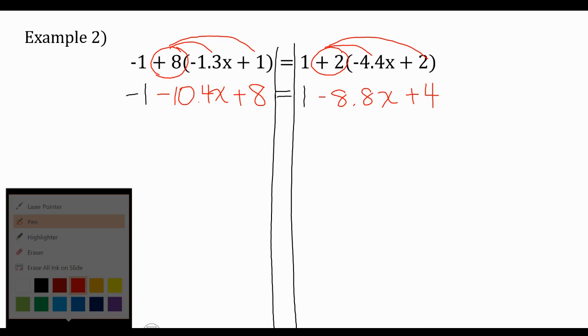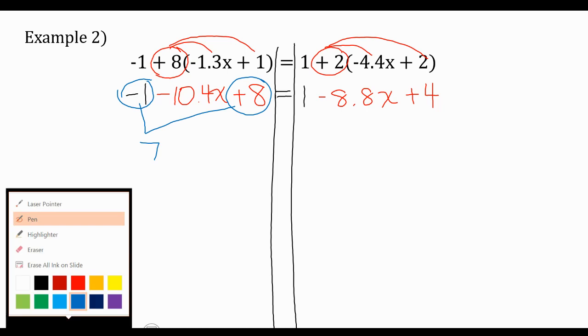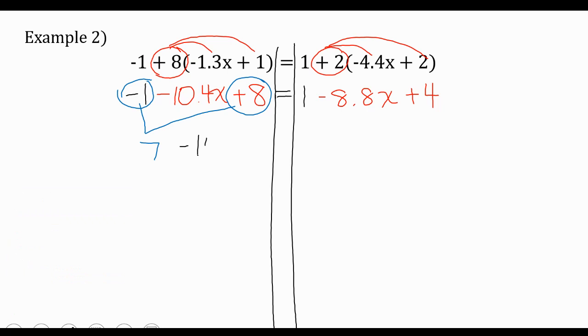Okay, so now we're going to look at both sides of the equal sign, and we're going to combine like terms if possible. So on this side of the equal sign, we have this -1, and we have this +8. They're like terms because they both don't have a variable. So -1 plus 8 gives us 7. And then I'm going to just bring down that -10.4x.